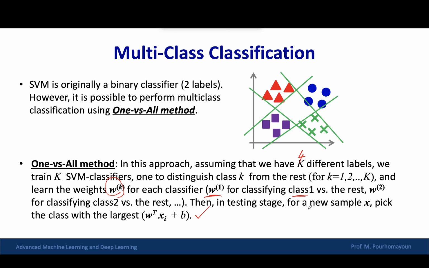Then in the testing set, for a new sample X, pick the class with the largest value of this. Okay, so this is how it works. This is called the one versus all method, and we can apply it to every originally binary classifier to run it on multiple labels. And scikit-learn automatically does that for us, so you don't need to implement this process.